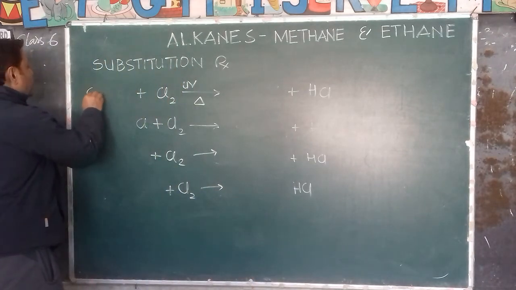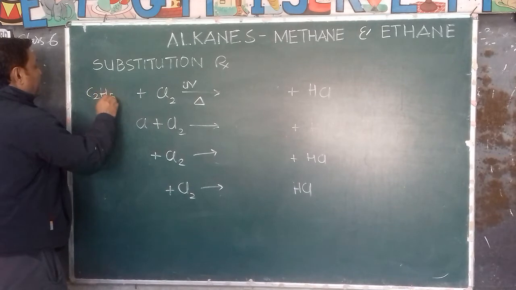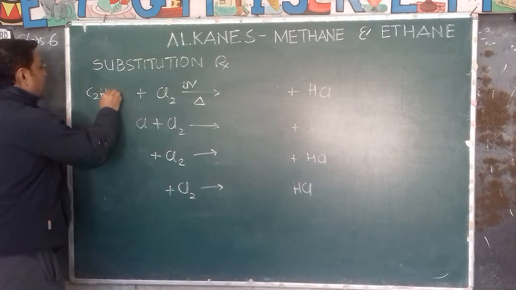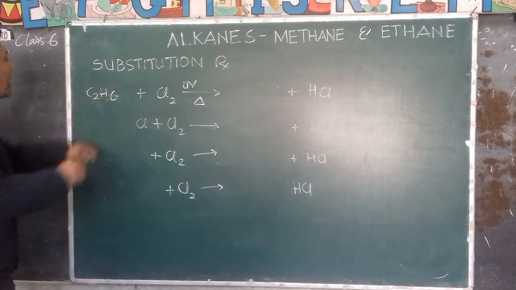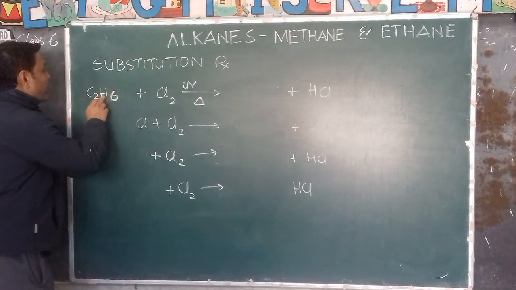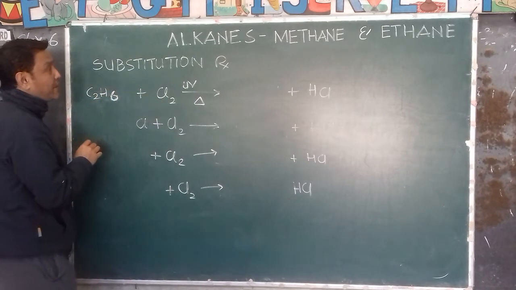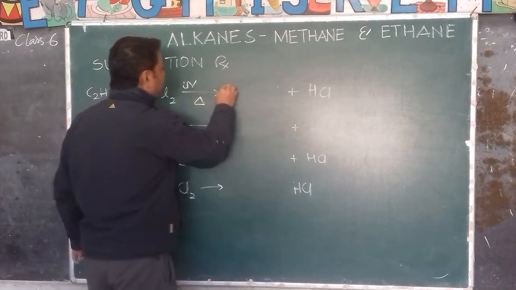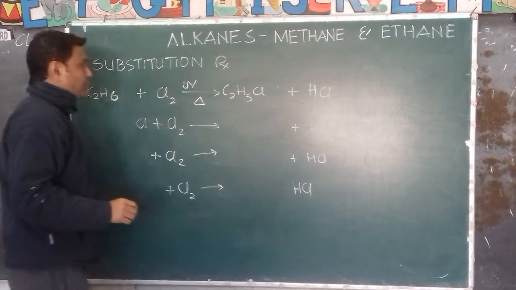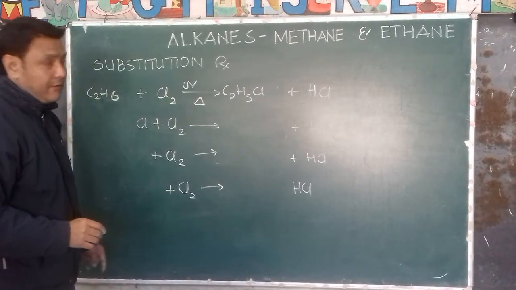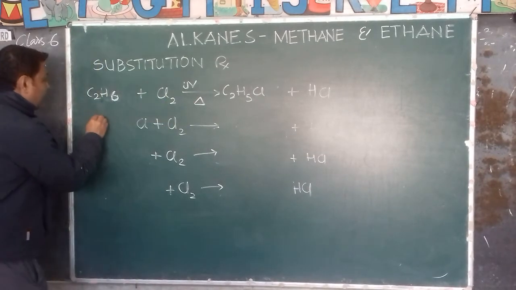So we come to C2H6 plus Cl2. We'll start with ethane. Again, one hydrogen atom will be replaced by one chlorine. So you get C2H5Cl. This is monochloroethane.